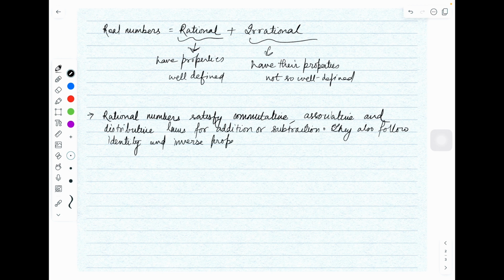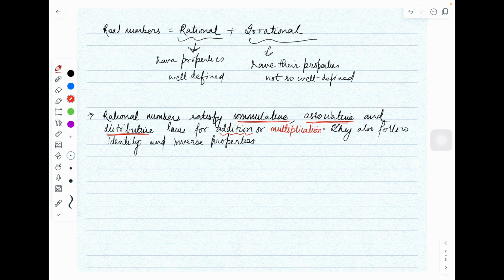Okay, first point: rational numbers satisfy commutative. Commutative is one property, associative is one property, distributive is one property, only for addition and subtraction. Sorry, I have written the wrong thing. It is not subtraction. It is actually addition or multiplication.